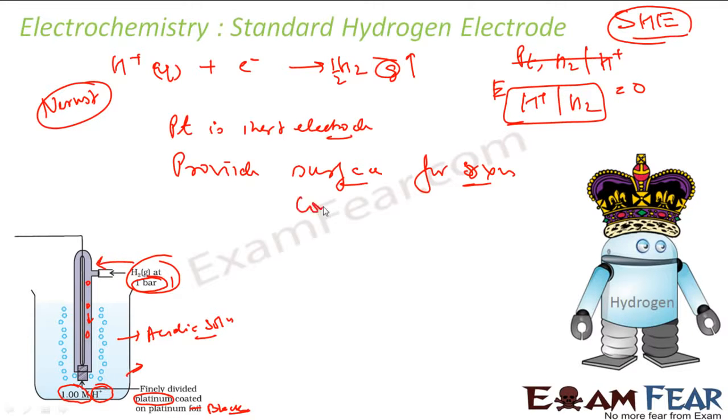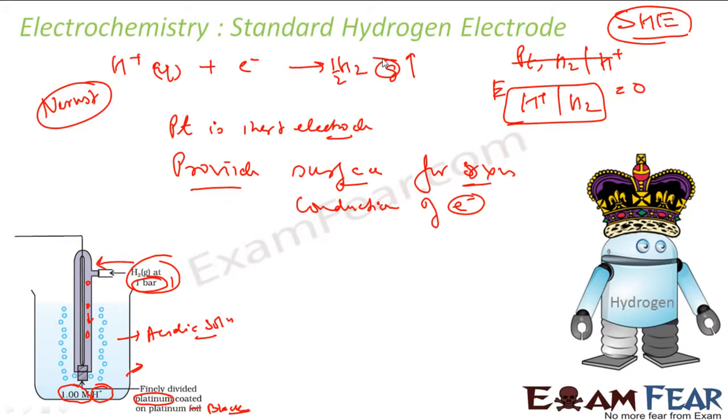Right? Also, it will provide a platform for conduction of electrons. Whatever electron is generated, for example, now hydrogen gas will become H plus, right? So electrons will be released. So the platinum surface will help this reaction. Correct? So platinum provides a surface for both oxidation and reduction reactions.